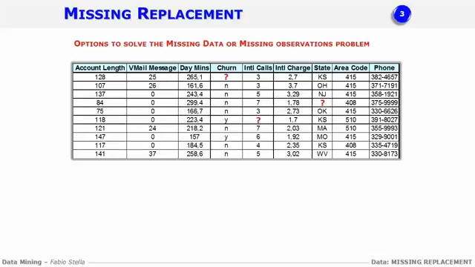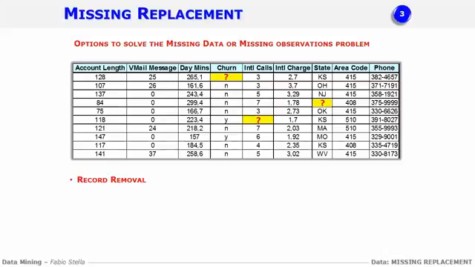Let us now introduce the main options to solve the missing data or missing observations problem. To this extent, we exploit this portion of the customer calls database where yellow is used to emphasize where the missing values are located. The first option that we present is the record removal technique.